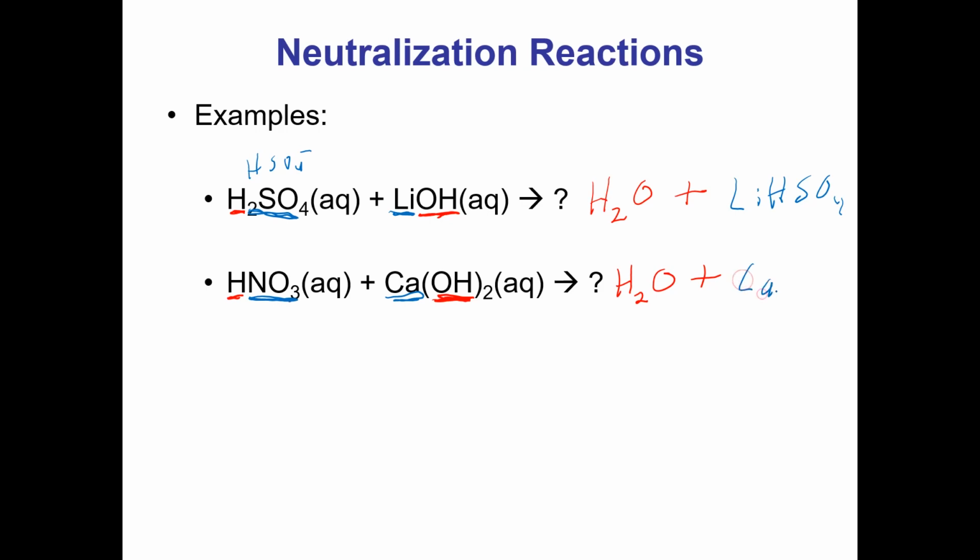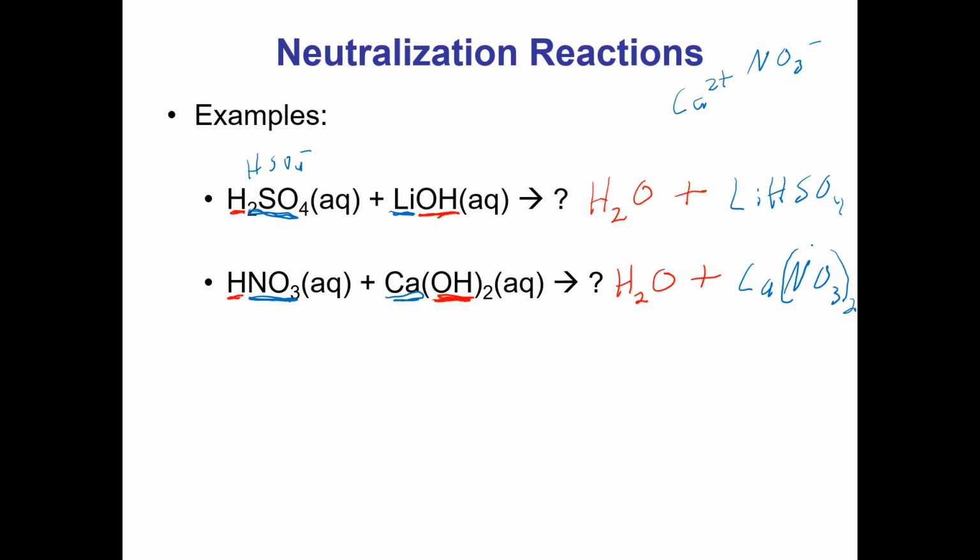Now, if I just write CaNO3 here, I'm not quite finished yet. Because if you remember your polyatomic ions, nitrate has a negative charge on it. But if you look at the periodic table, calcium is in group 2, so it has a 2 positive charge on it. So CaNO3 would not be neutral. To make this a neutral compound, I need 2 nitrates to go with that calcium.